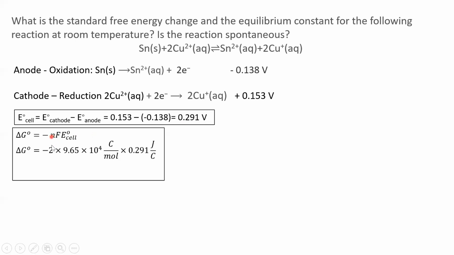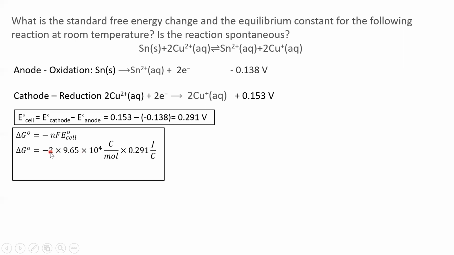So we've got negative 2 times 9.65 times 10 to the 4th coulombs per mole of electrons times 0.291. Again, we calculated the 0.291 here. This value is Faraday's constant, so it's always going to be this number.